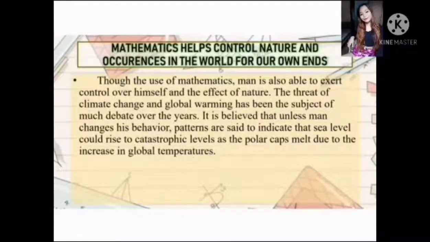Through the use of mathematics, man is also able to exert control over himself in the face of nature. The threat of climate change and global warming has been the subject of much debate over the years. It is believed that unless man changes his behavior, patterns are said to indicate that sea level could rise to catastrophic levels as the polar caps melt due to the increase in global temperatures.